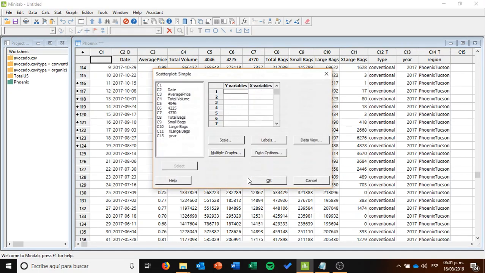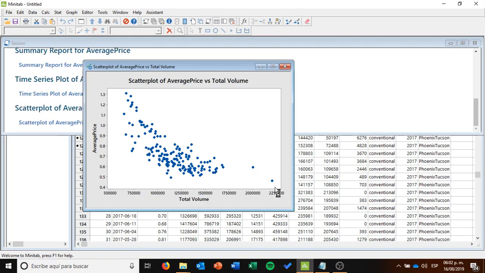What I want to do is to include on the y-axis what is happening with the average price, and on the x-axis the total volume. So what I'm going to obtain is a typical demand curve as in any economics course. I select OK, and this is what I obtain.